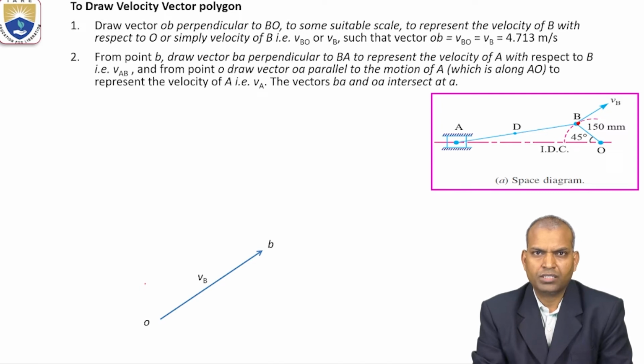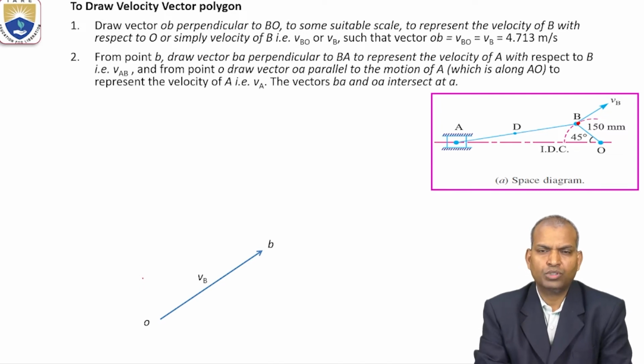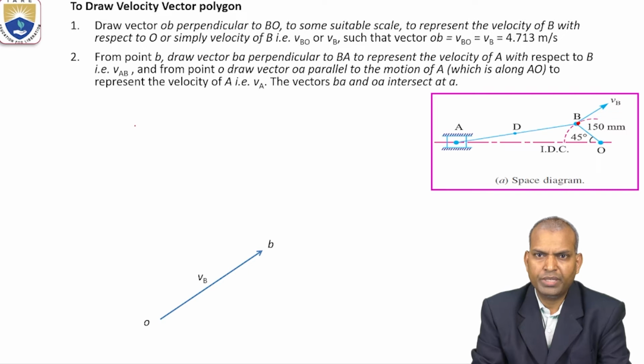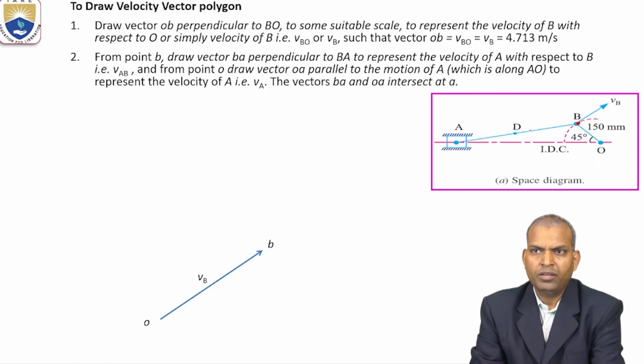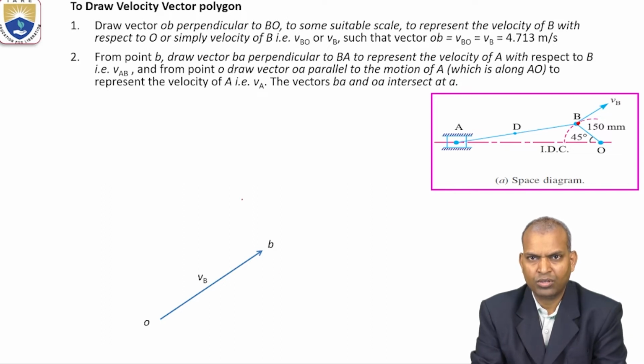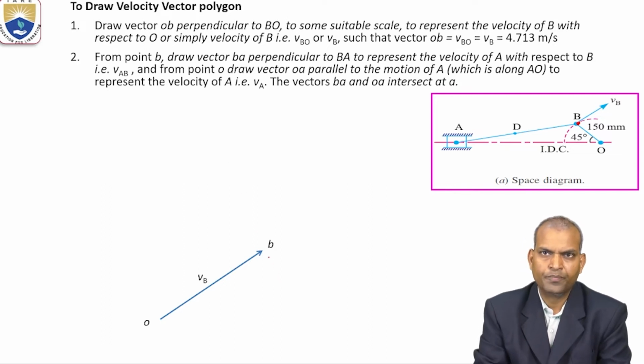Next, point number 2. What is step number 2? From point B of the vector diagram, draw a perpendicular to BA, which represents the velocity of A with respect to B. With this BA link, keep the minute drafter scale one scale, another perpendicular, and draw that perpendicular line either upwards or downwards.